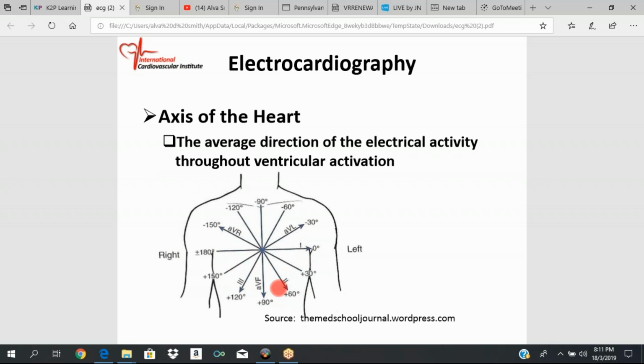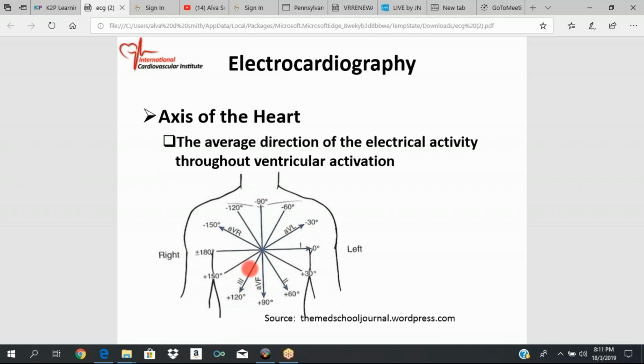If you want negative lead two, you have to go in the opposite direction, and that's going to be minus 120. AVF is right here, and positive AVF has an angle of 90 degrees. Negative AVF, you have to go in the opposite direction, is minus 90. Lead 3 subtends an angle of positive 120.